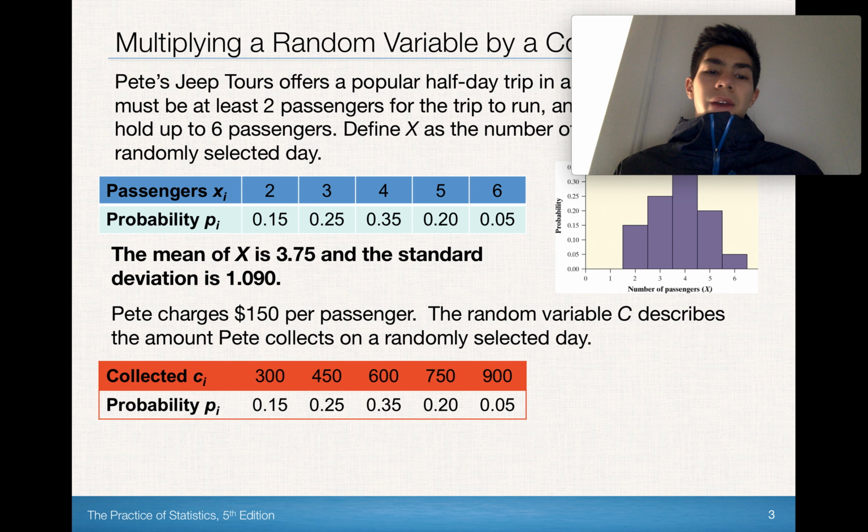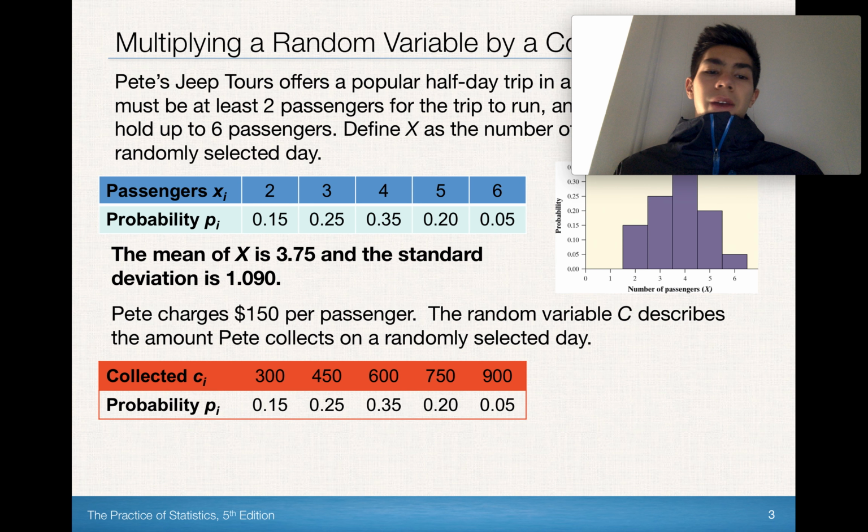He's charging $150 per person, so his revenue is $300. We do that all the way down. 3 times 150 is 450. 4 times 150 is 600. And so we finish going through our table and we see that these Cs are just 150 times any of our Xs.